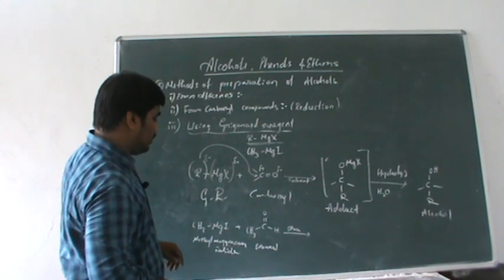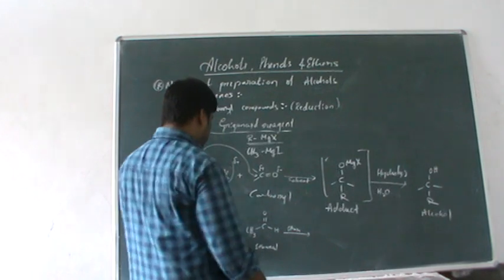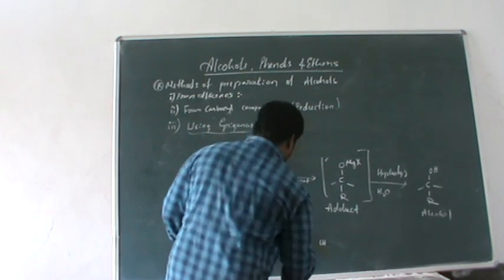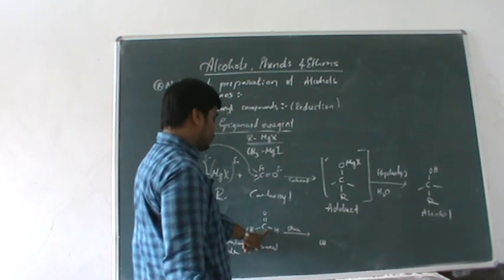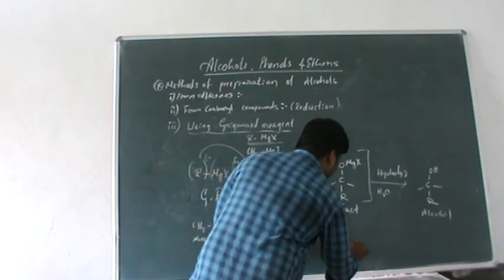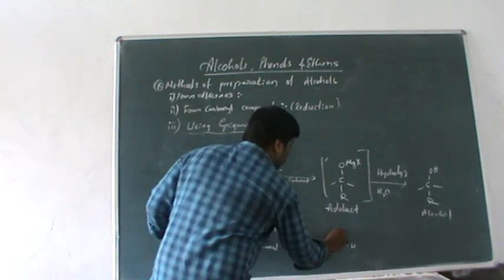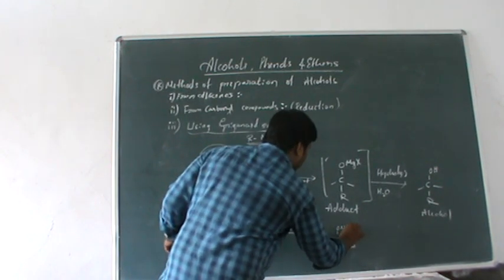Can anybody guess what is the addition product formed in this reaction? Yes, CH3. Okay, first consider this one: CH3, C, on another side hydrogen, and O becomes OMgI.